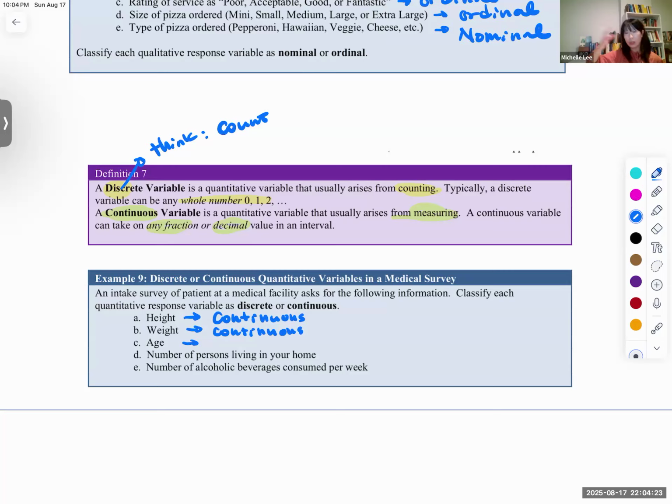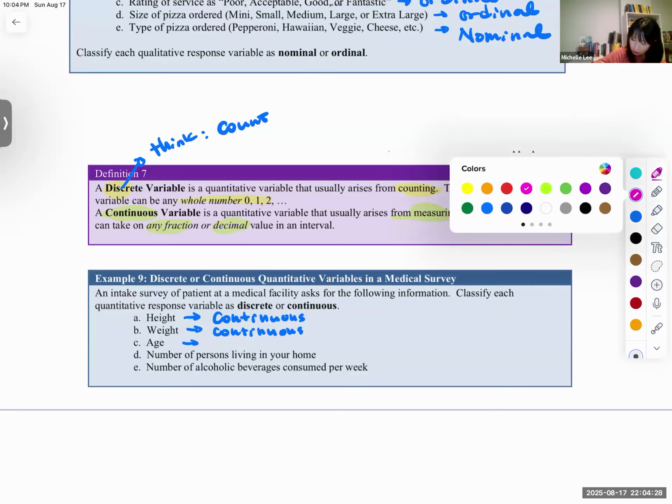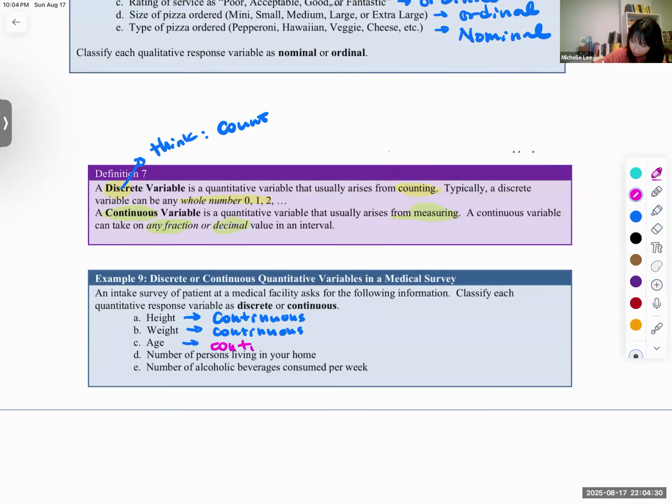We measure it. Make sense? This is tricky, right? So continuous, since we are aging every moment, right?